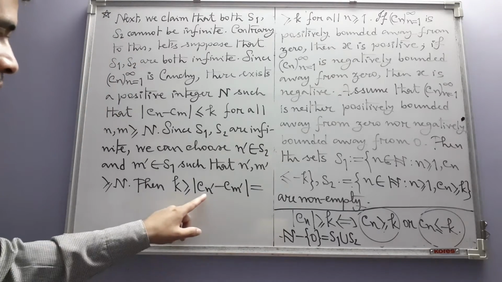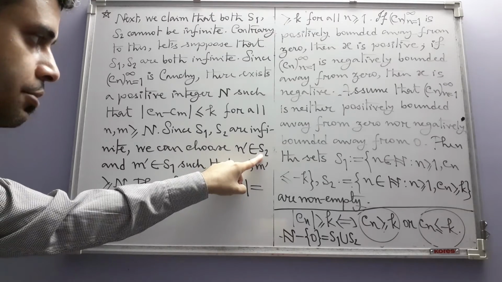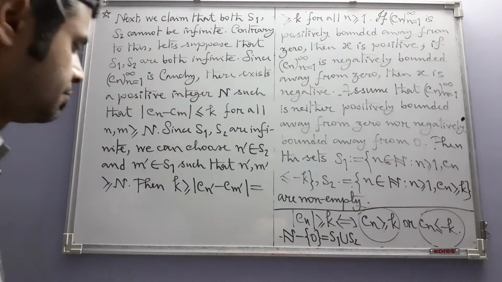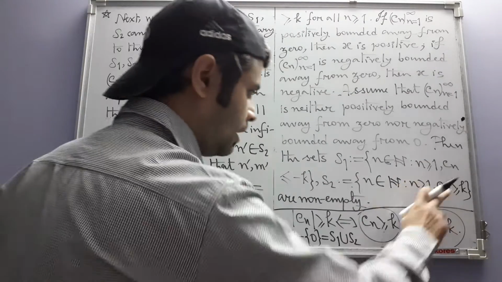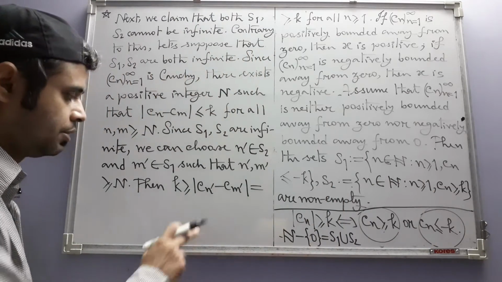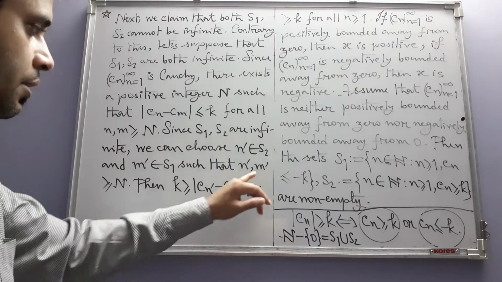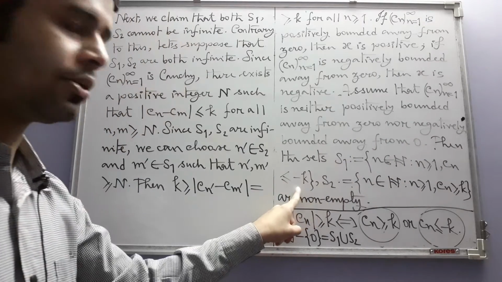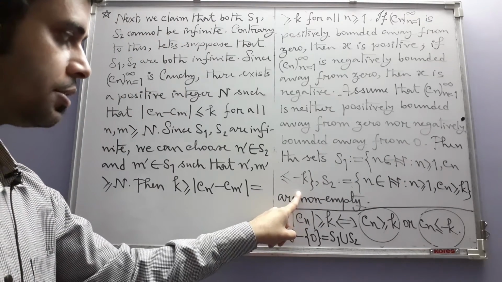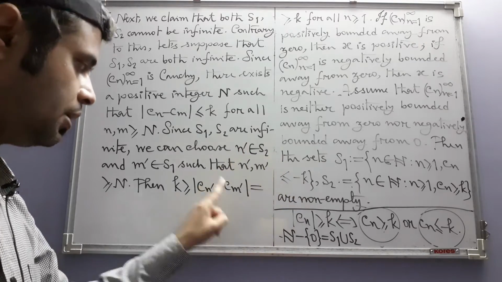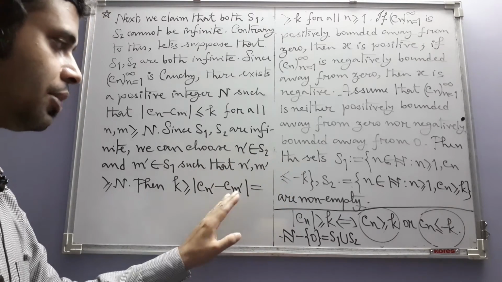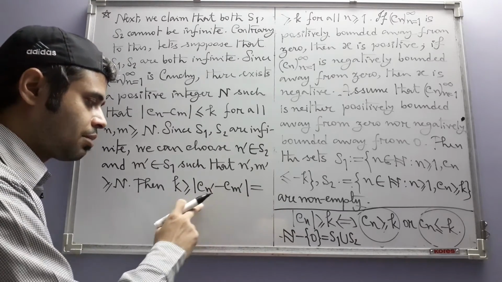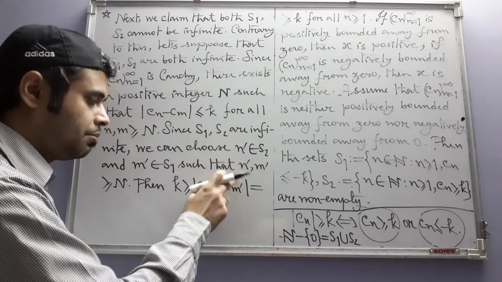Now n prime is coming from S2. So Cn prime is greater than or equal to k. In particular, since k is positive, Cn prime is also positive. M prime is coming from S1, so Cm prime is less than or equal to minus k. Since k is positive, minus k is negative, so Cm prime alone is negative. So minus Cm prime is positive, so it is a sum of two positive rational numbers, Cn prime and minus Cm prime.